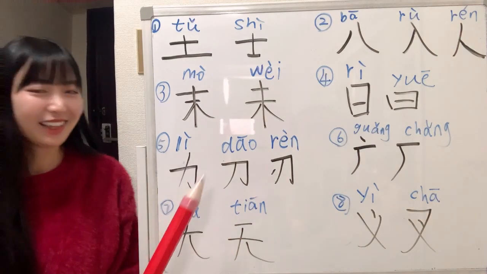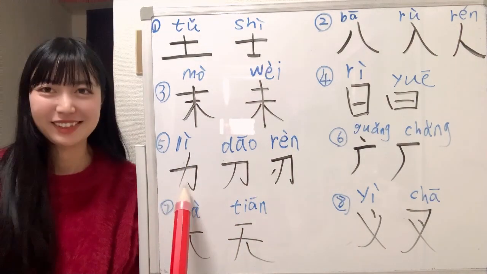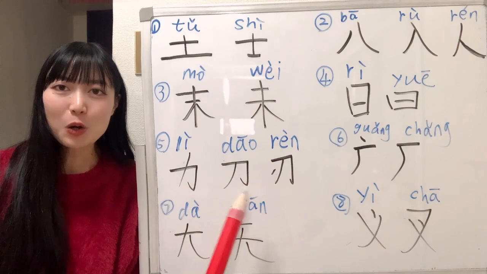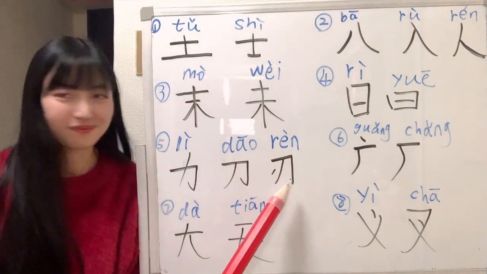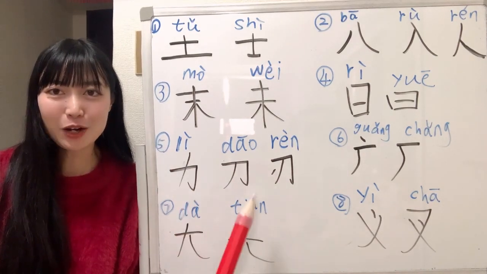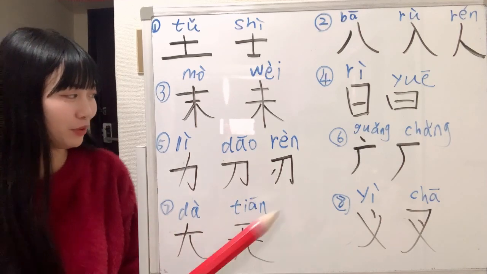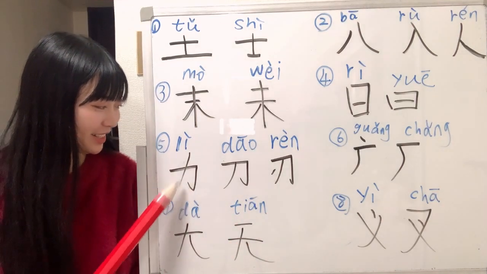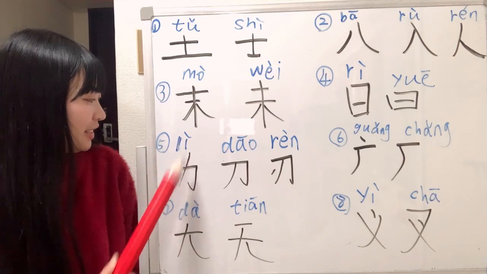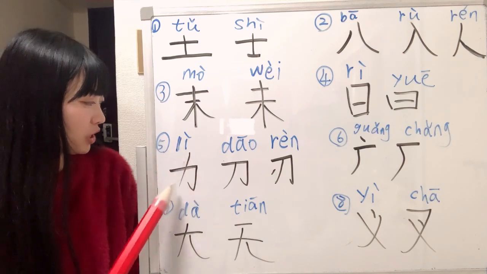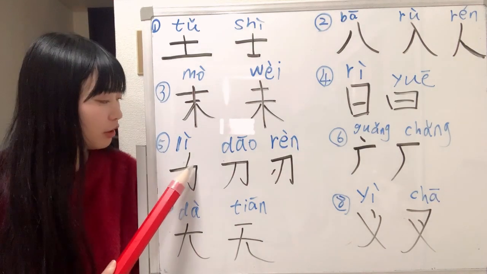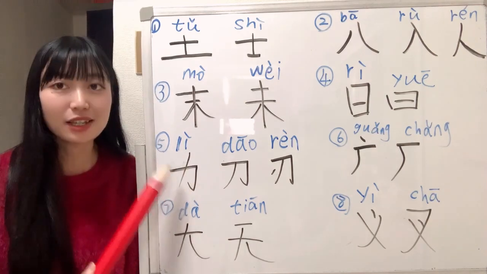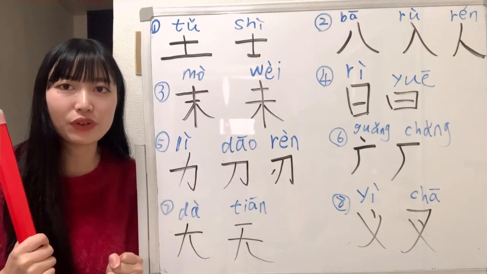And then next group. 力刀刃. What's the difference between them? If the left falling stroke goes out of this line, it's 力. 力 means strength or power.